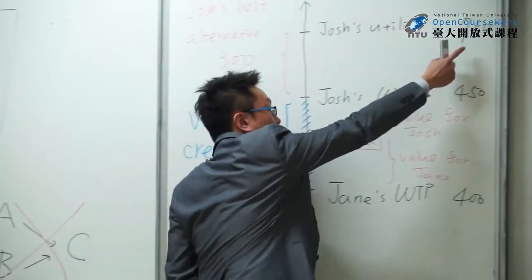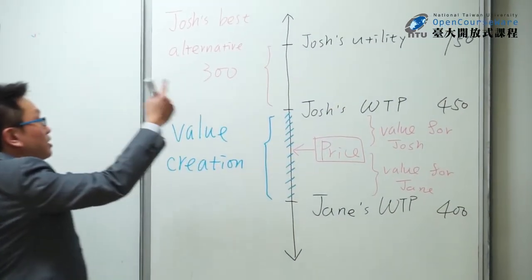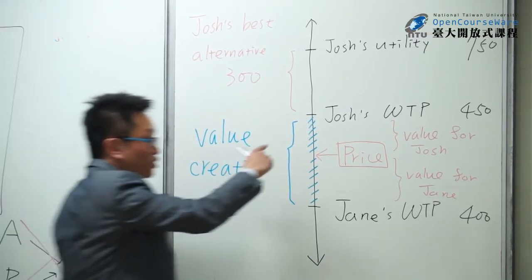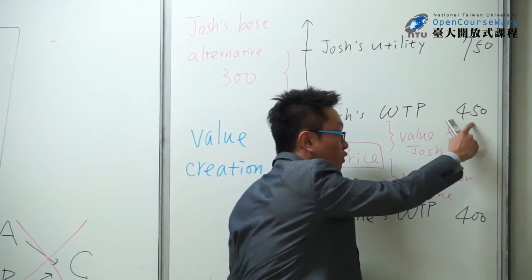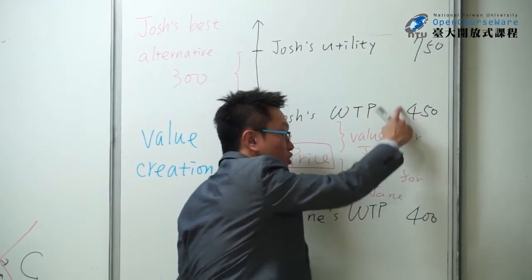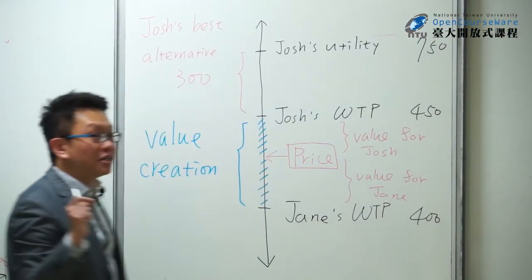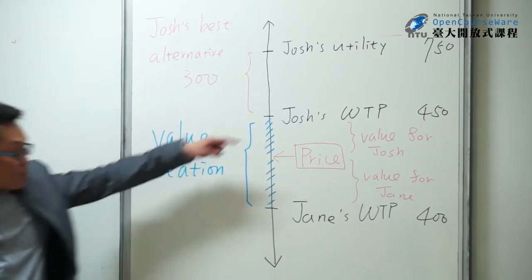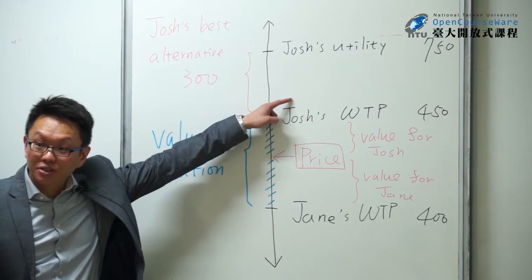Josh's utility is 750 minus Josh's best alternative to stay in his original house, 300, so Josh's willingness to pay is 450. So can Jen make any price to sell for more than 450?